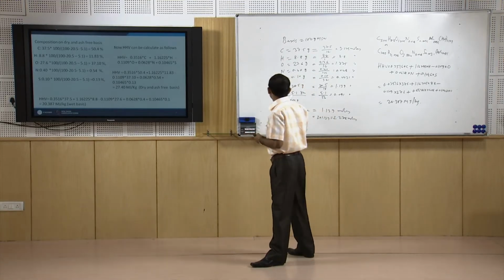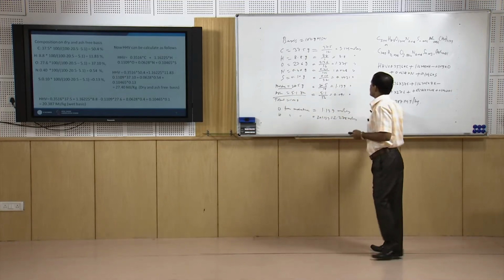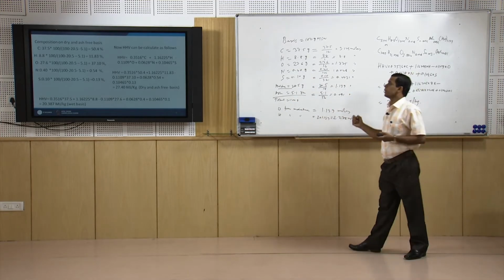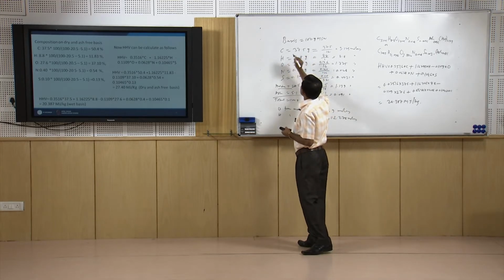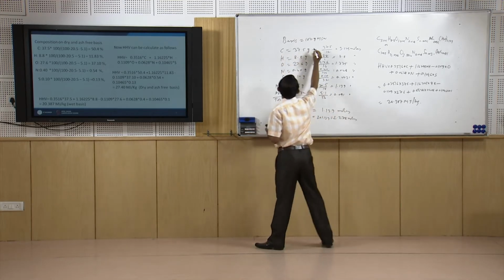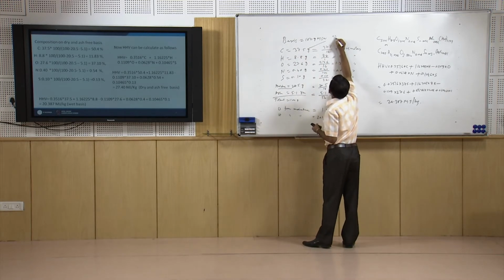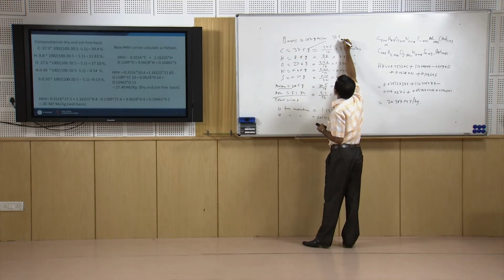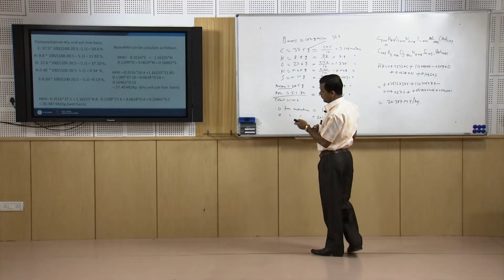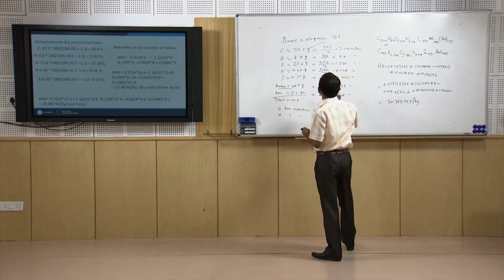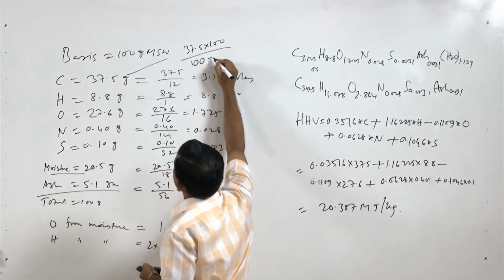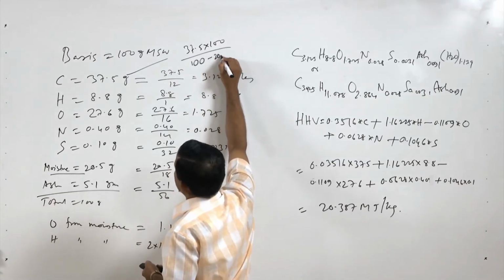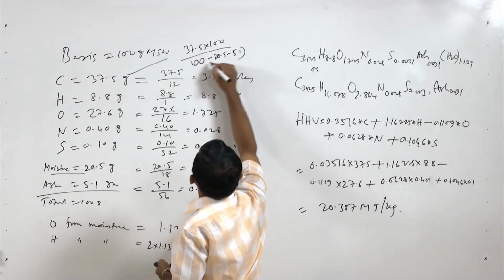Now we can convert it into dry basis or dry and ash-free basis, as you wish. For the dry and ash-free basis, C will be 37.5 into 100 divided by 100 minus 20.5 minus 5.1.